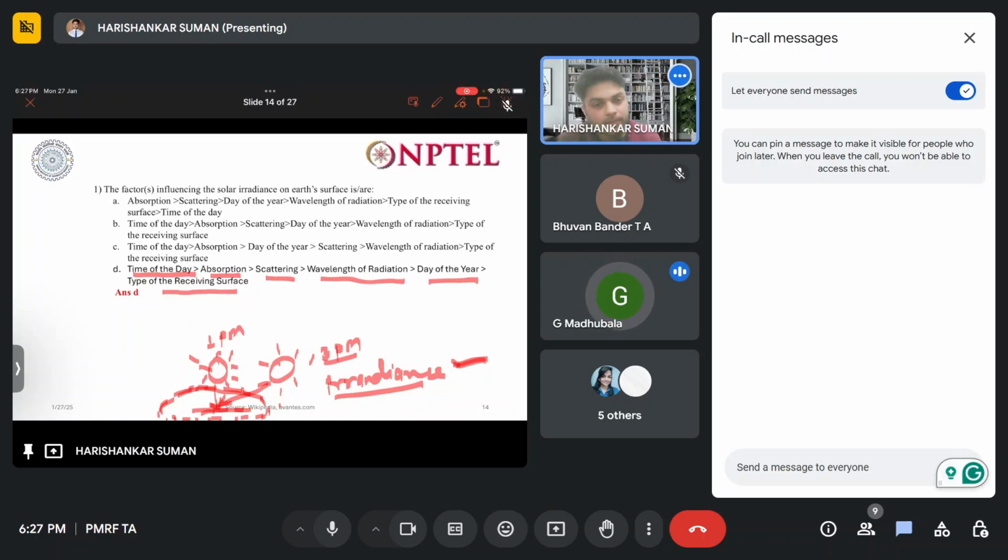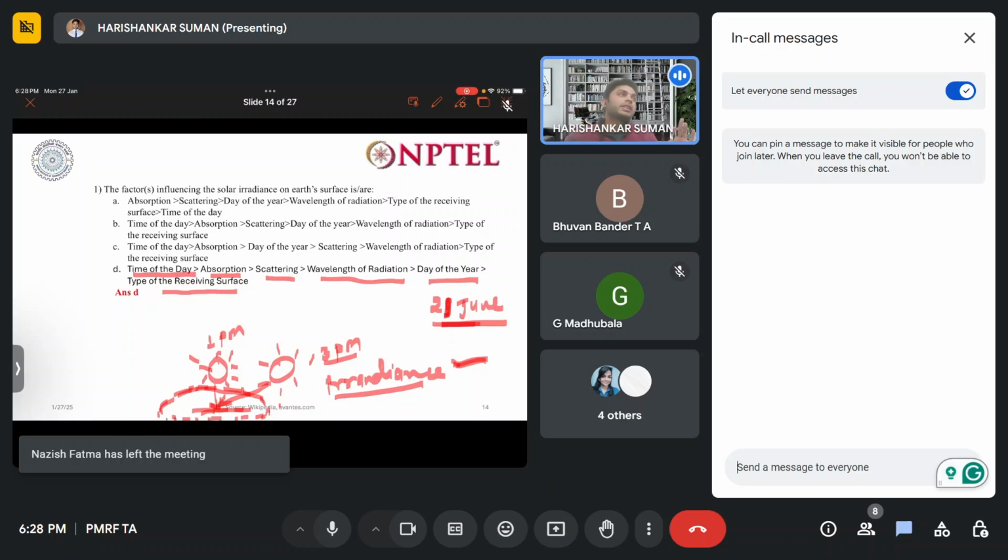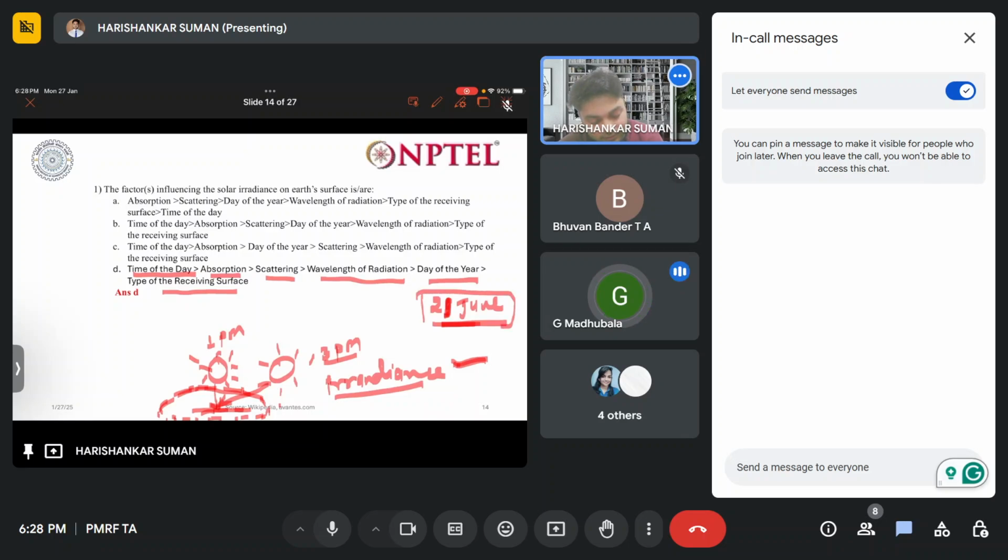Clear? Sir, what's the day of the year? Huh? Day of the year? Yes, day of the year, we would say, like 29 June or 21st. So this is also due to the tilted Earth rotation. Something we will see. Okay. Okay, sir.